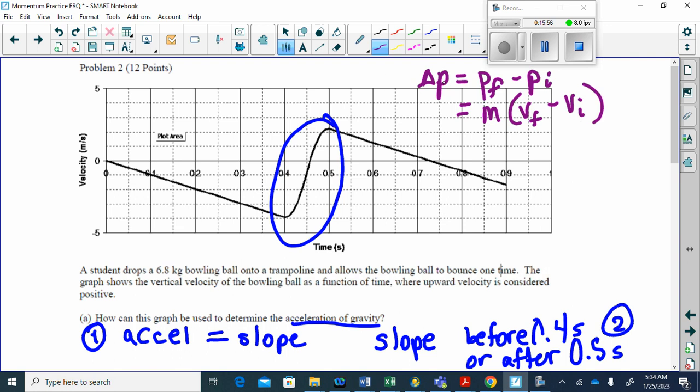So you should somehow describe this and how you're going to get these numbers. So looking at this, we could say something like using the velocity at, I don't know, 0.4 seconds is a good period to use.